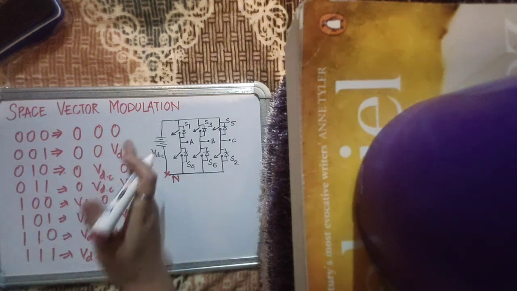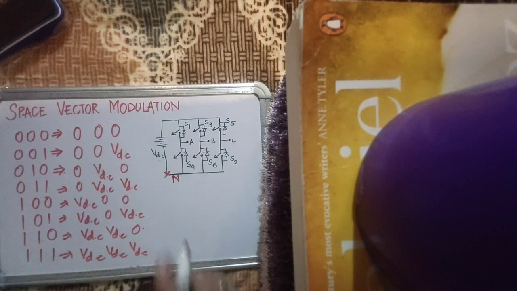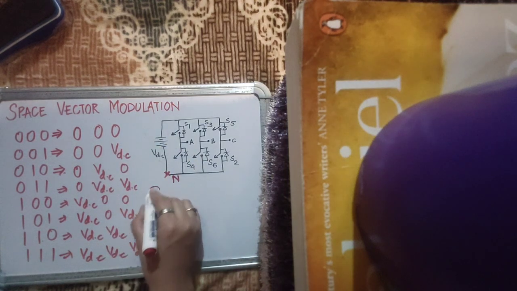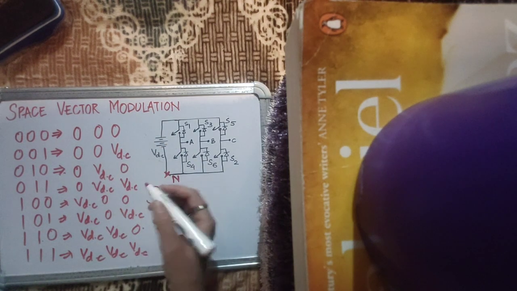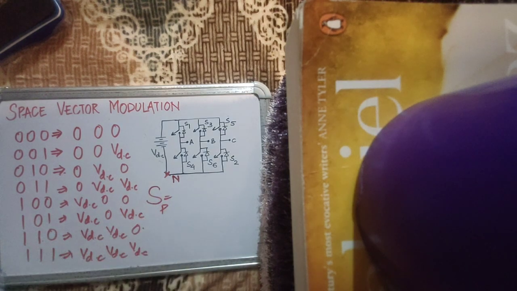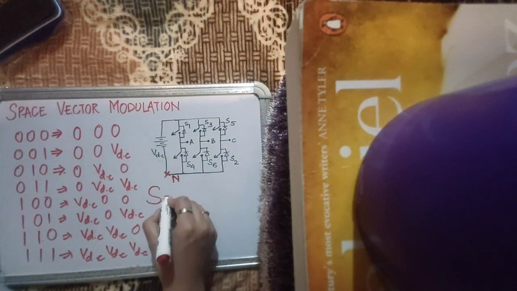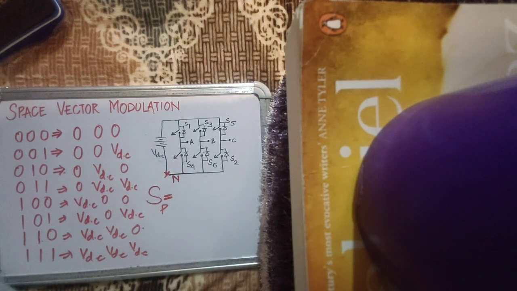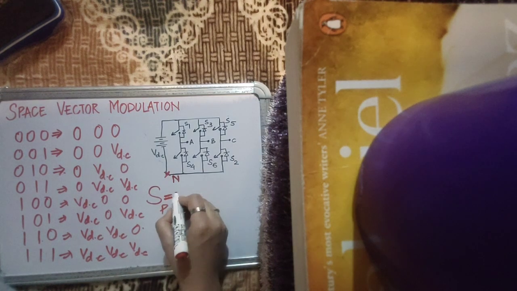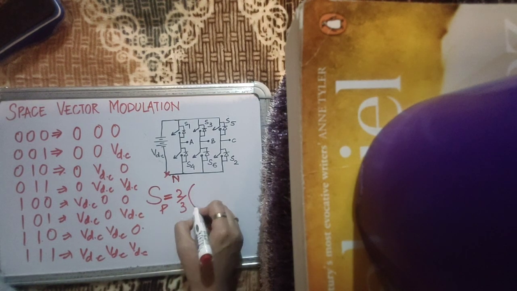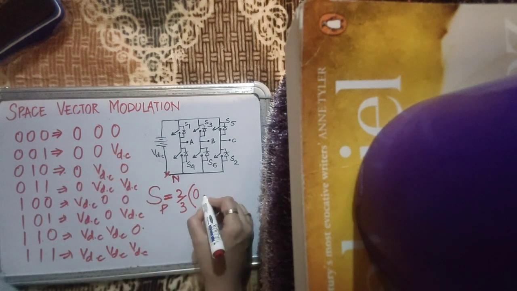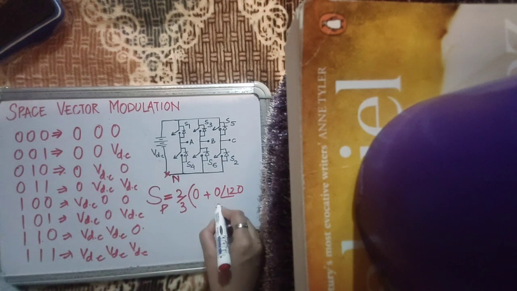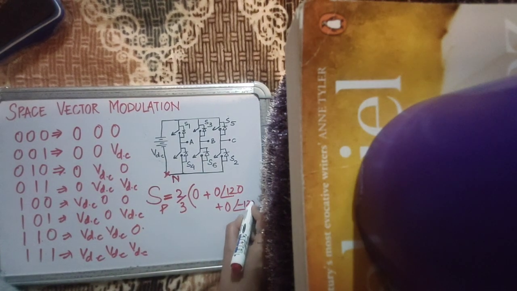Now for these 8 states, let's see what our space phasor will be. Let's call it S or space phasor, whatever you want to call it. Let's see what value the space phasor assumes for every switching state. We know that it is 2/3 times the first output, which is 0, plus the second output at an angle of 120 degrees, plus the third output at an angle of minus 120 degrees.